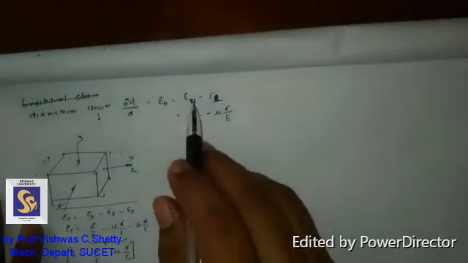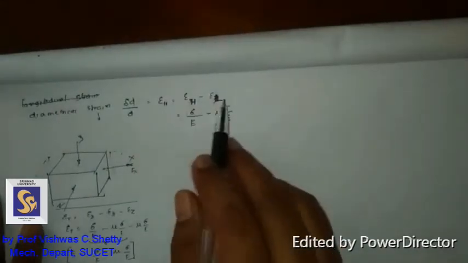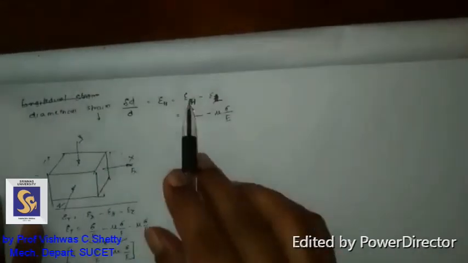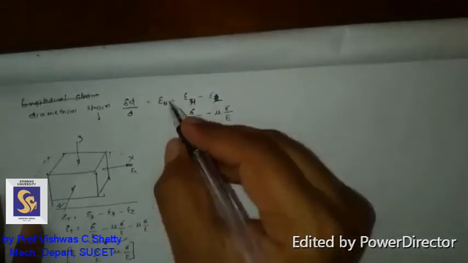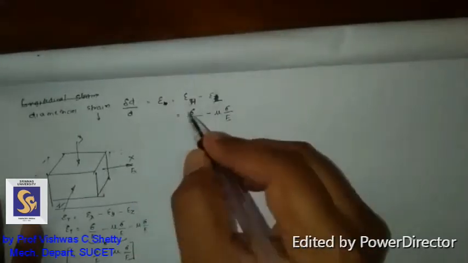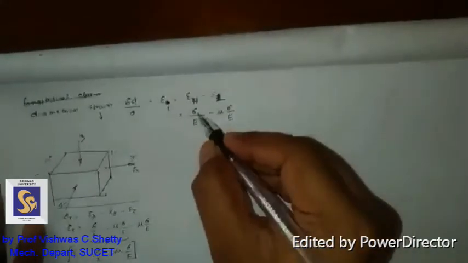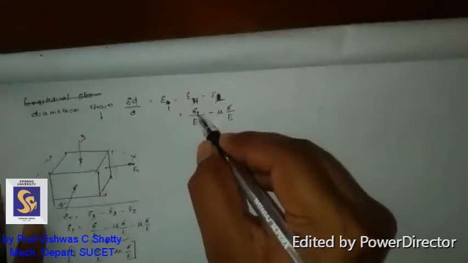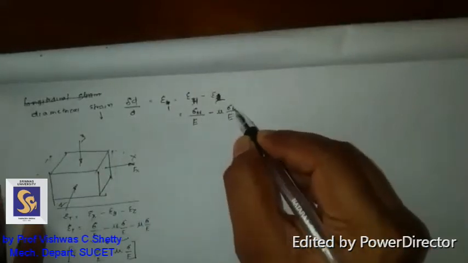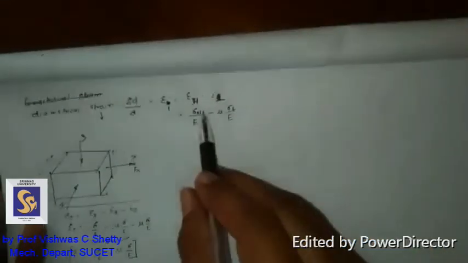I'm replacing x and y by hoop strain and longitudinal strain. So this is diametrical strain; you can take it as epsilon 1. Take it as hoop strain and longitudinal strain, and hoop stress and longitudinal stress.